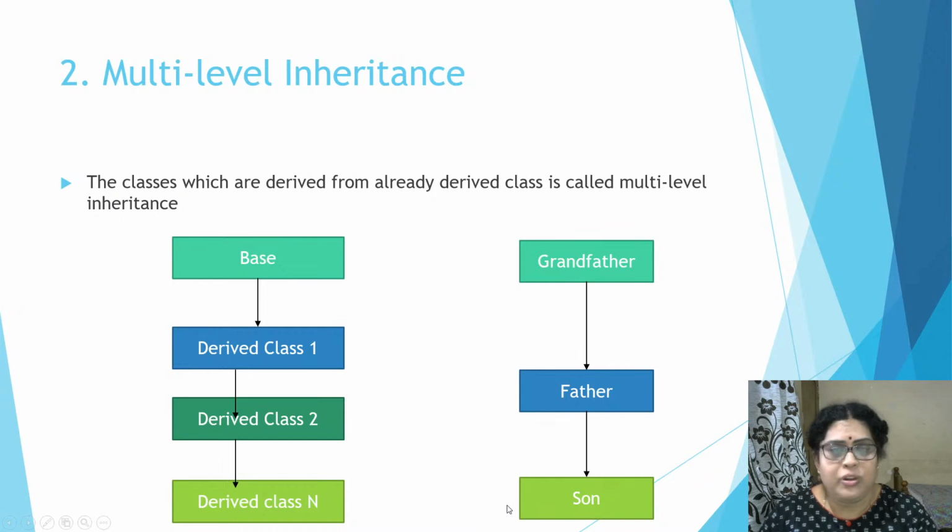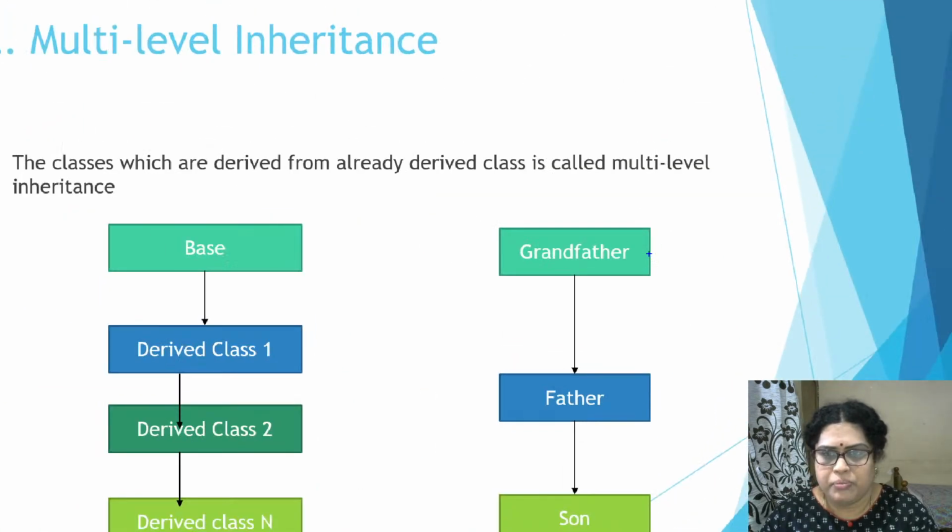Then what is multi-level inheritance? Multi-level inheritance is the classes which are derived from an already derived class. That means here a grandfather, that is the base class, and then you have father, which is derived from the grandfather. This is a base class again. So now this is a derived class, isn't it?